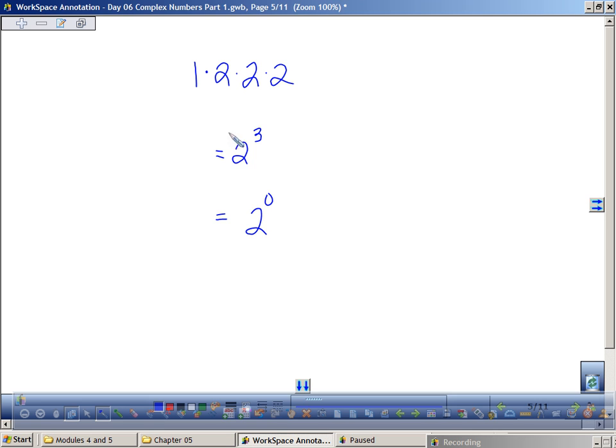So for some of you that are only used to rules, this is going to be very difficult because it's making a different part of your brain think right now. But you can follow all the rules you want, I'm trying to make something stick. So anything to the 0 power, if you have no 2's, you don't have any 2's, right? But you do have a 1 in front of that.